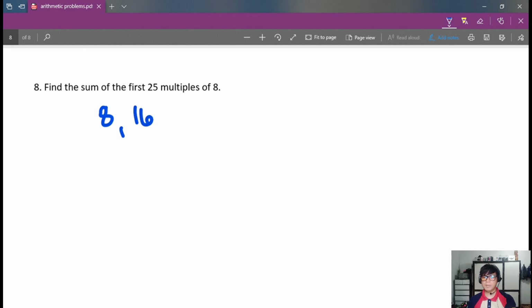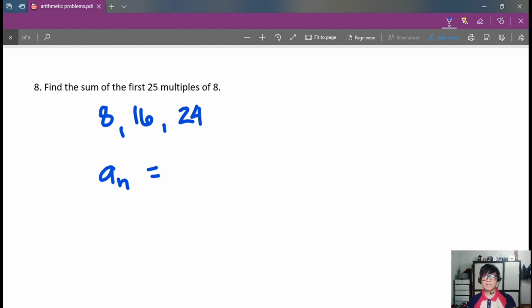So, these are the multiples of 8: 8, 16, 24. So, it will take time to enumerate all of the terms. So, what we will do is use a formula. We are looking for the sum of the first 25 multiples, so let's use a formula.